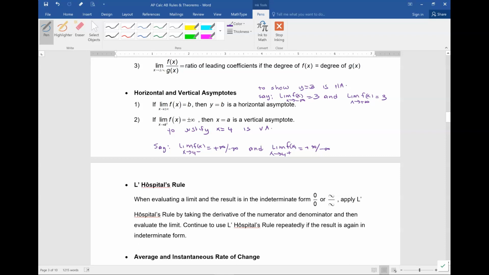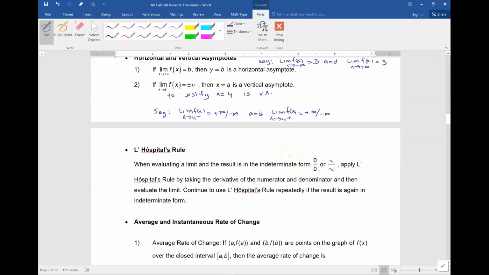Again, we all know how to find vertical and horizontal asymptotes, but how do you then mathematically justify that it's an asymptote?